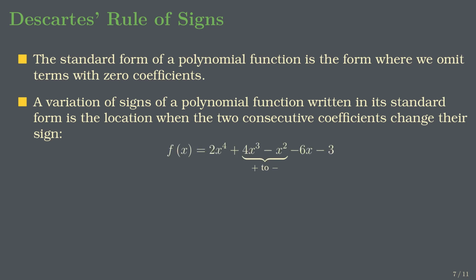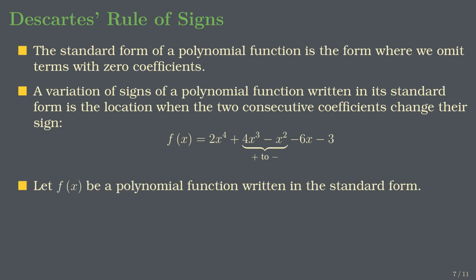For example, here the coefficient of x cubed is 4, but the next coefficient, of x squared, is minus 1. So the sign changes from plus to minus, and in this polynomial there is only one variation of sign.